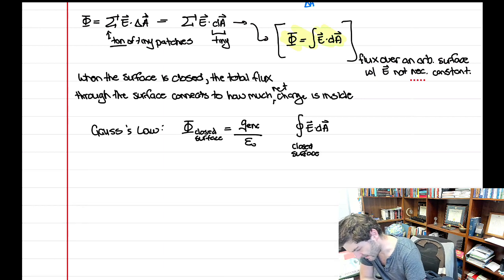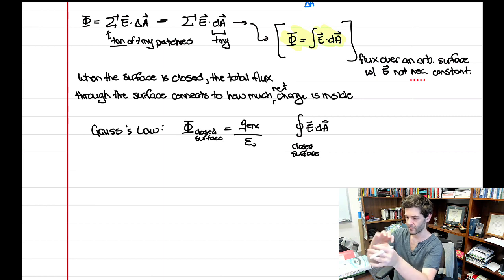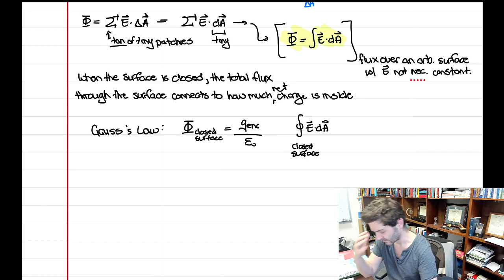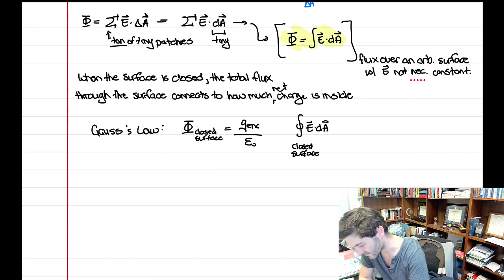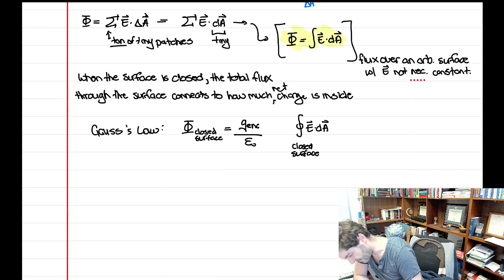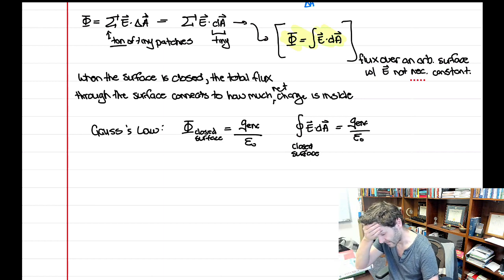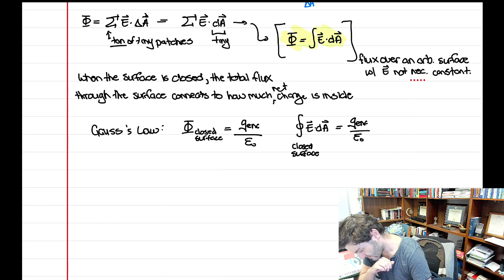Right, you are integrating over a bunch of small patches of area, and by being a closed surface, it just means that all those patches form some sort of enclosed, well-defined volume. That then equals the charge enclosed inside that volume divided by epsilon naught, which, if anything deserves a box, it's that.